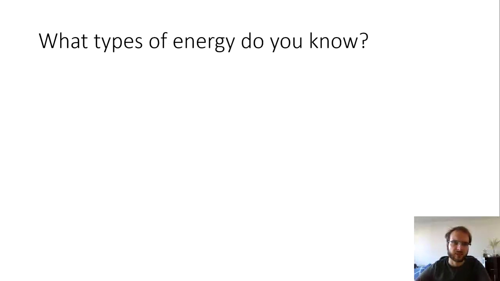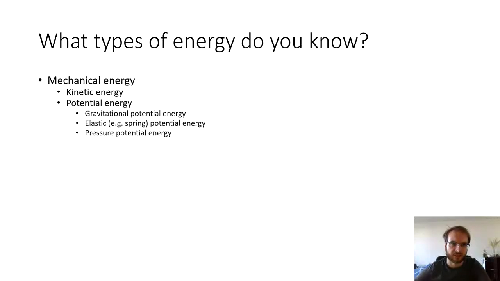Now, what types of energy do you know? There can be different forms, like for example mechanical energy, as you can see here, and under mechanical energy we can have kinetic and potential, and then the potential energy can be further classified into gravitational energy, elastic energy, and pressure potential energy.